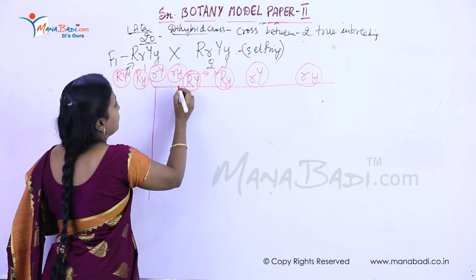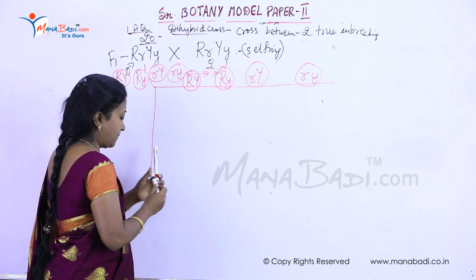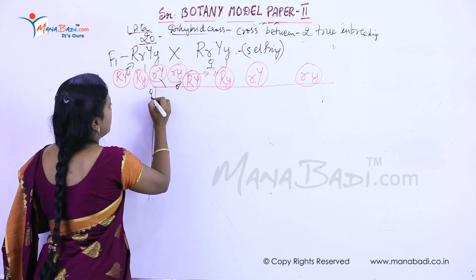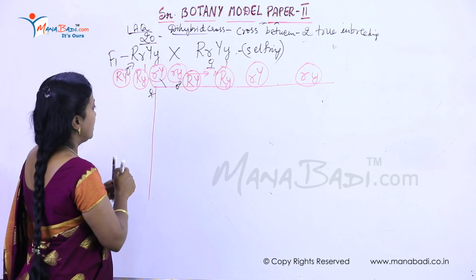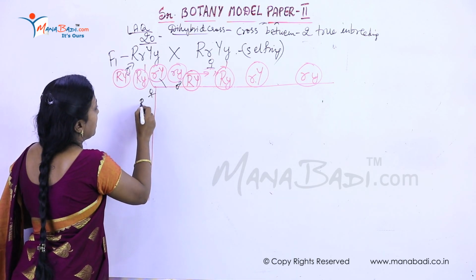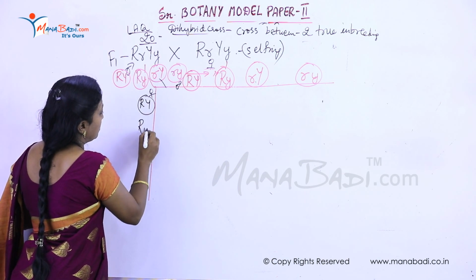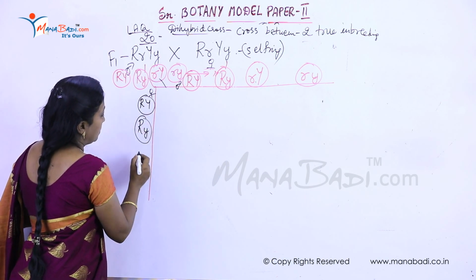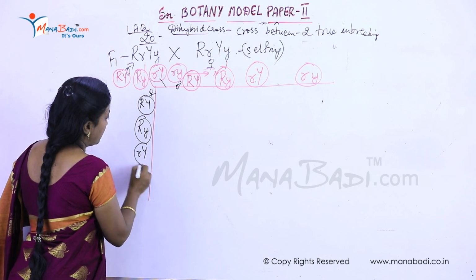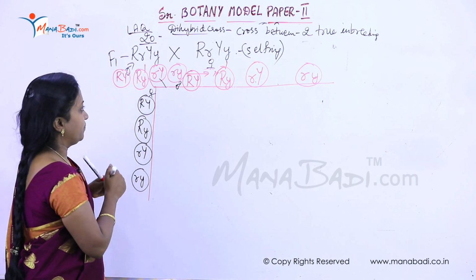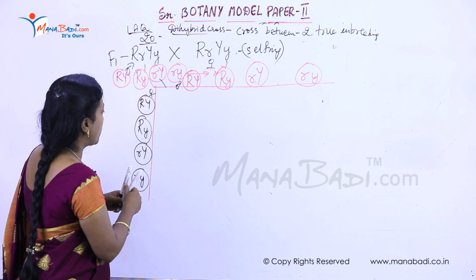This is the male gametes, and this is the female gametes, denoting capital R, capital Y, capital R, small y, small r, capital Y, small r, small y. Drawing the Punnett square now.